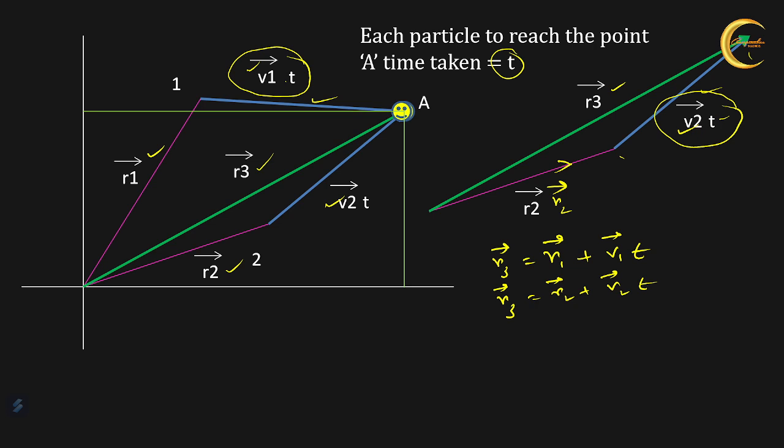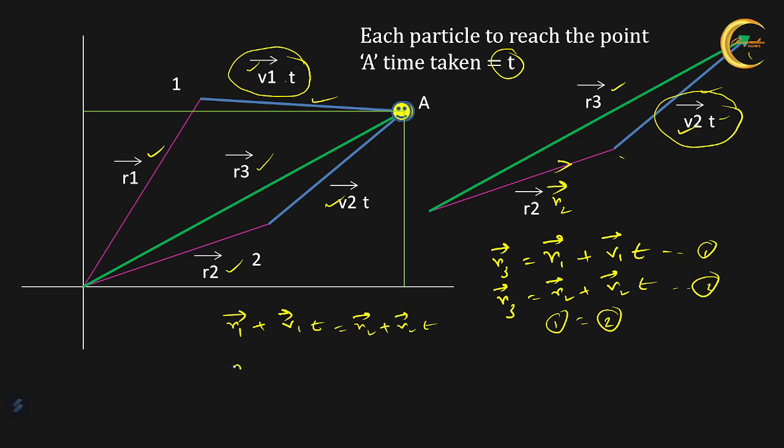Now we can easily say, suppose this is equation 1 and this is equation 2. So equation 1 equals equation 2. Now we can easily write down R1 vector plus V1 vector t equals R2 vector plus V2 vector t.